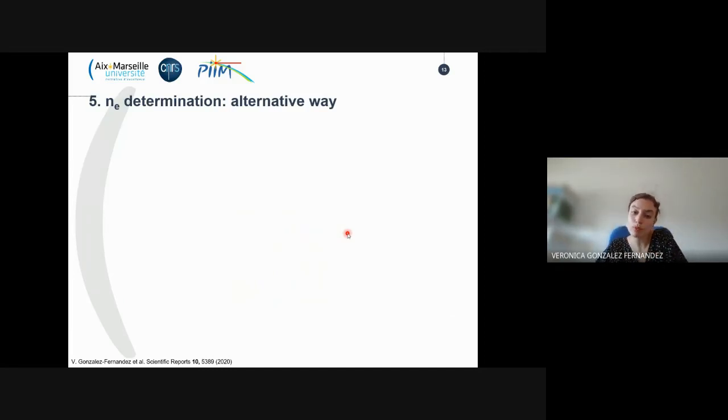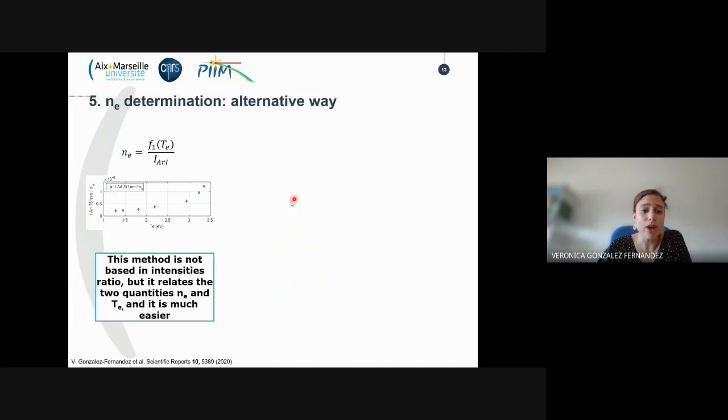So we asked ourselves if we could not find another, simpler way to determine the electronic density. Finally, we found that the initial expression of the corona model meets most of our requirements.